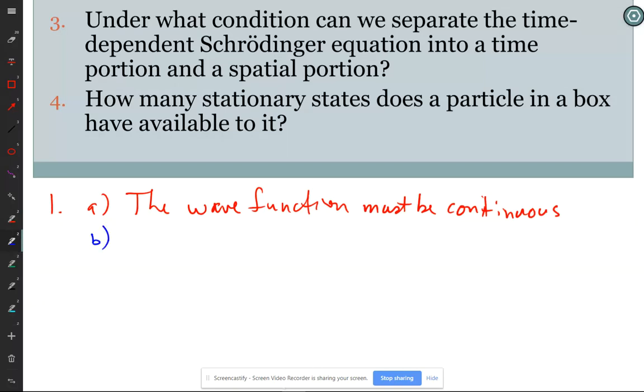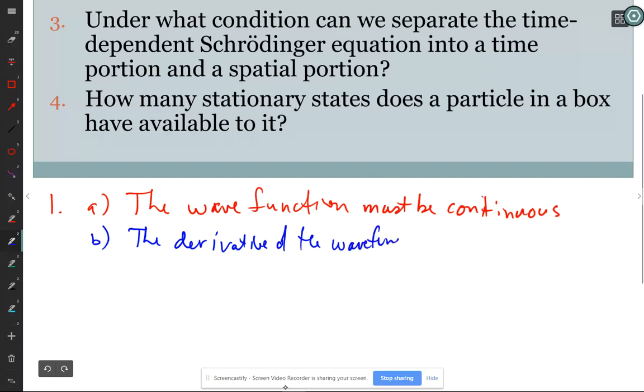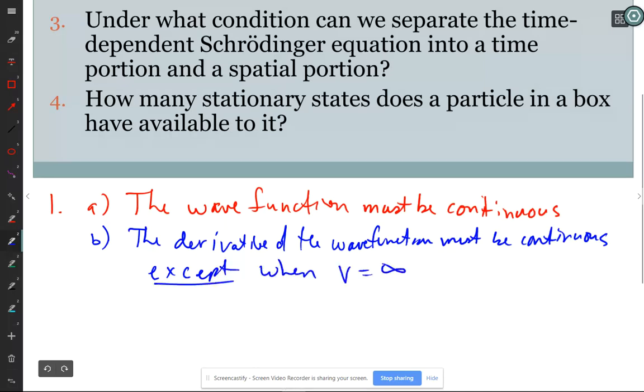The other boundary condition we didn't use because we had the special case. The other boundary condition is that the derivative of the wave function must be continuous, except when V equals infinity.